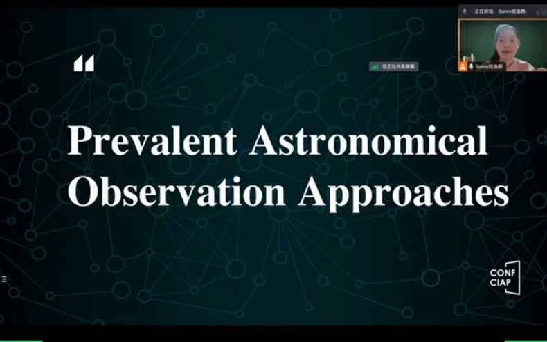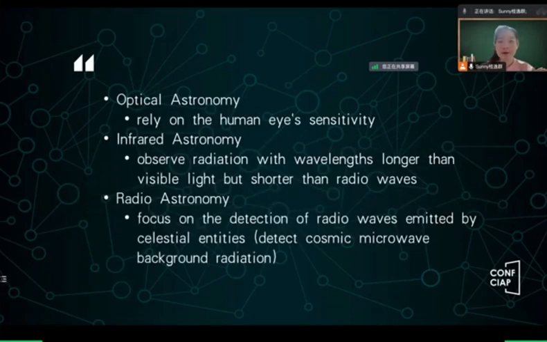And let's talk about some prevalent astronomical observation approaches. Generally, we can divide astronomy into these three different types.